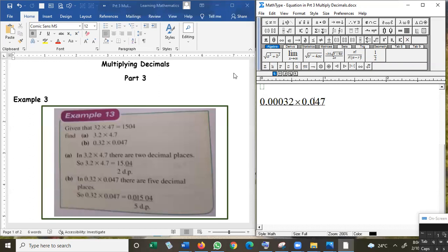So we still have the 3 and the 2 and the 4 and the 7. So our answer must have 1504. However, we have to count the decimal places so that our answer has the same number of decimal places.